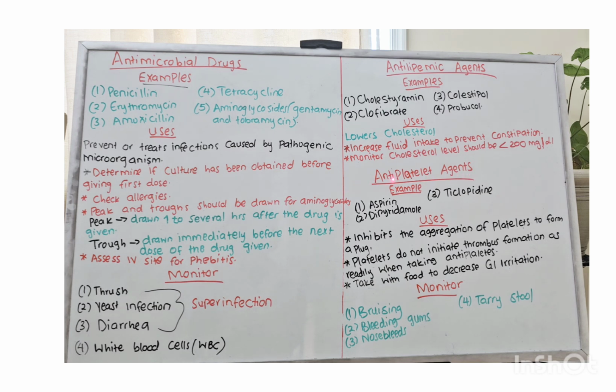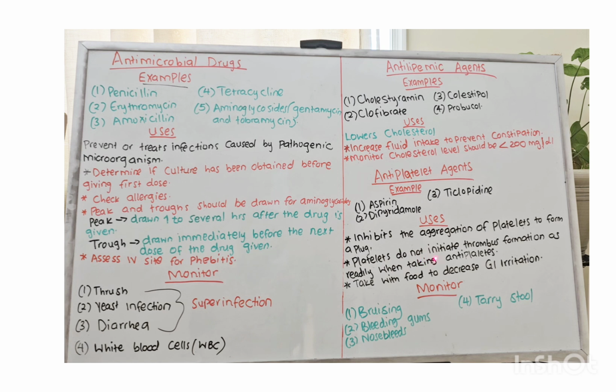Now let's discuss antiplatelet agents. Examples of antiplatelets are aspirin, dipyridamole, ticlopidine. Antiplatelet agents are used to inhibit the aggregation of platelets to form a plaque.